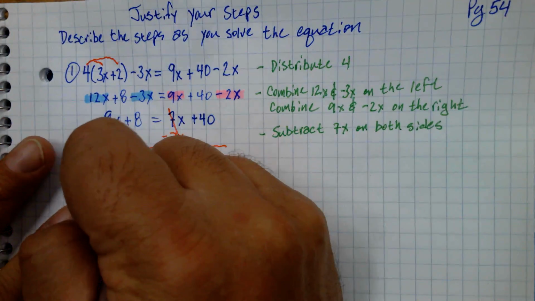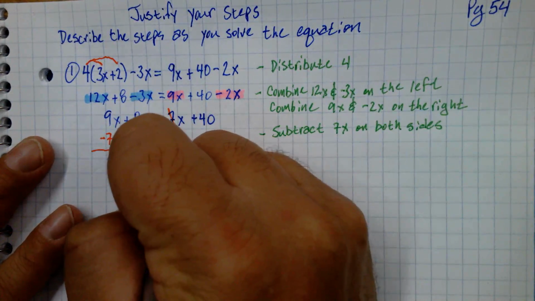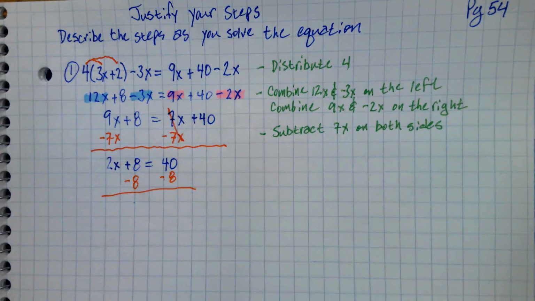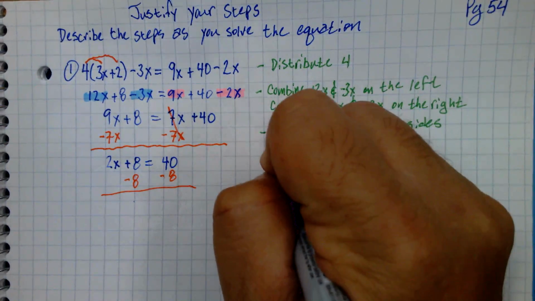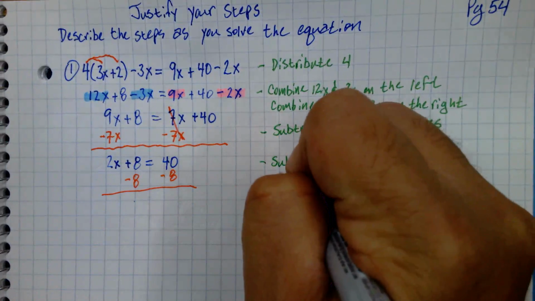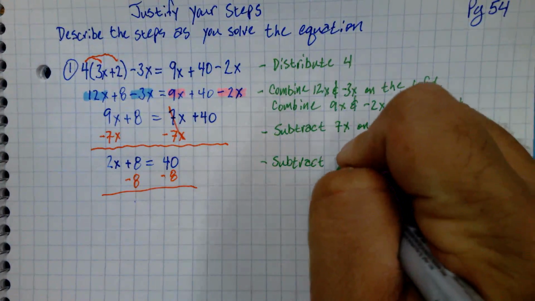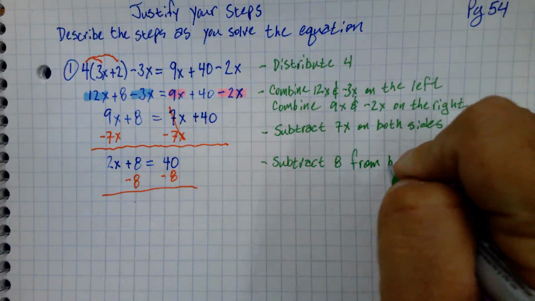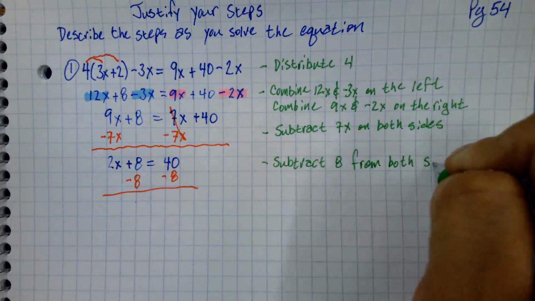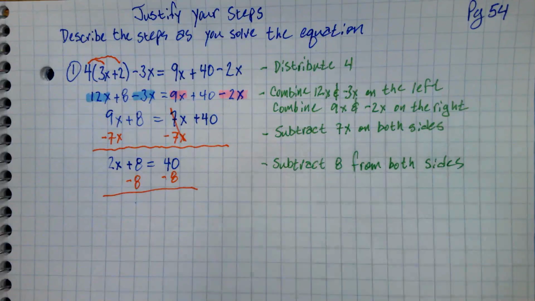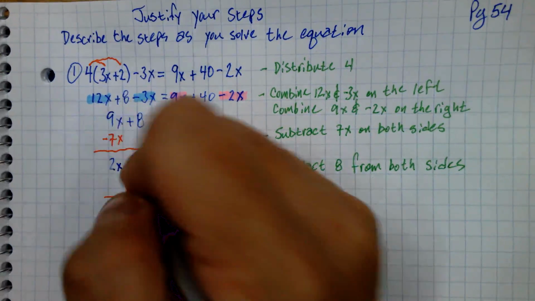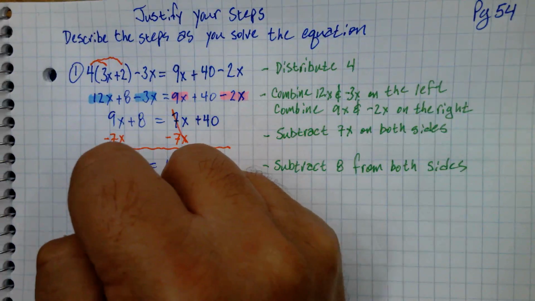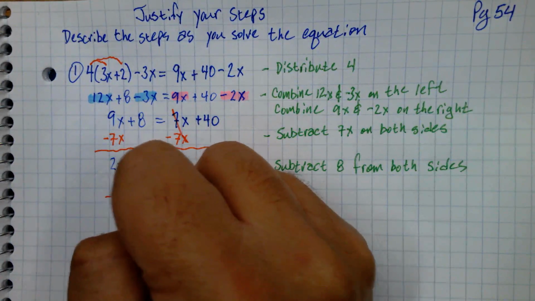Let's go ahead and do the steps we would do for a 2-step, but justify it. So I'm going to say subtract 8 from both sides. Okay. So 2x equals 32.